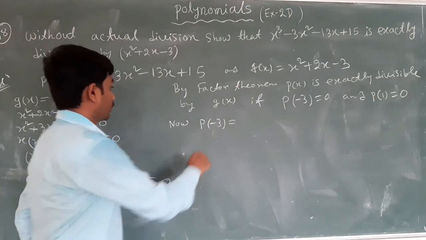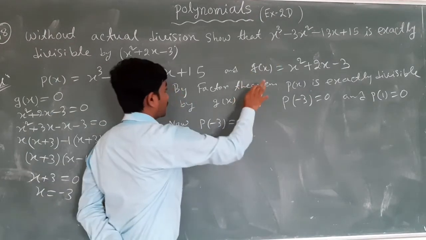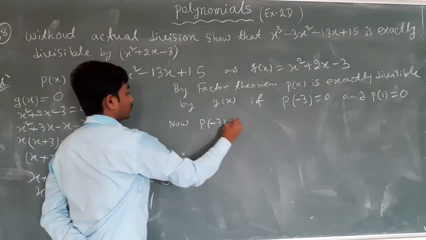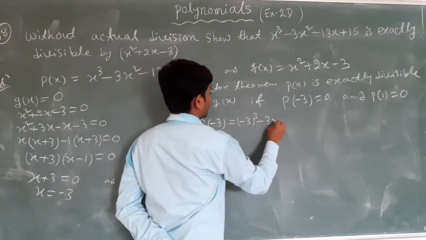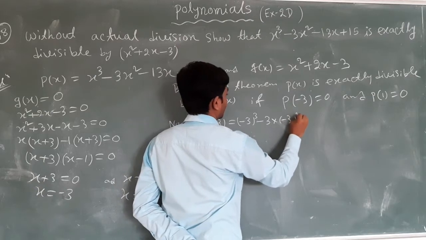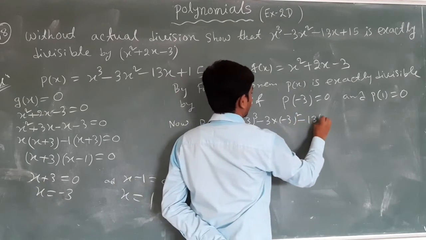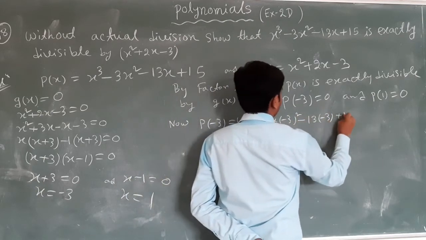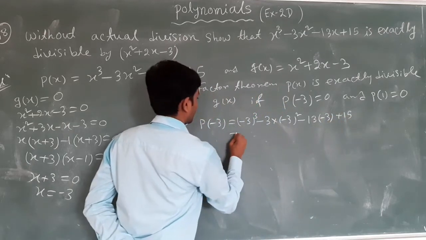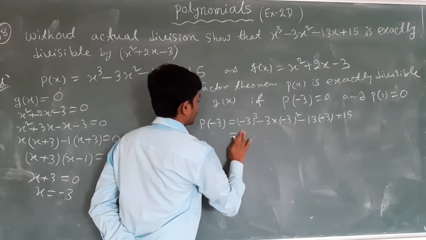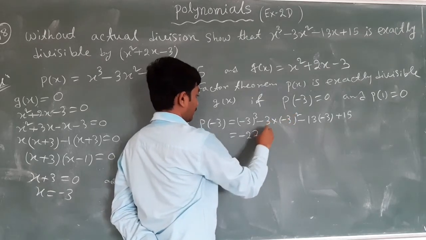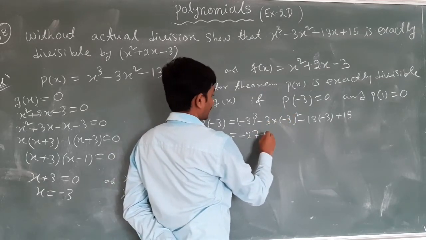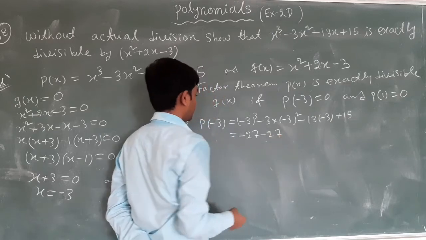So put the value of x in p(x). So minus 3 whole cube, minus 3 into minus 3 whole square, minus 30 into minus 3 plus 50. Minus 3 whole cube is minus 27. 3 square is 9, 9 minus 3 is 27.